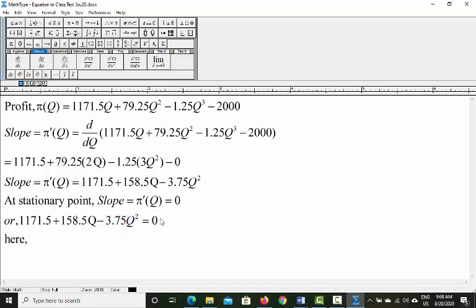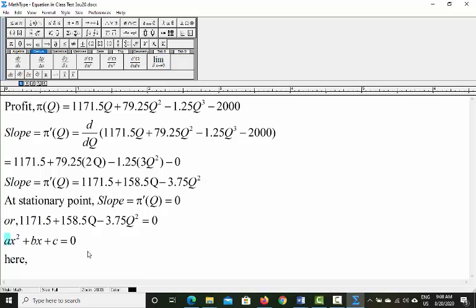That means you need to match this equation with the standard form, where x is the variable and a is the coefficient of the squared variable.